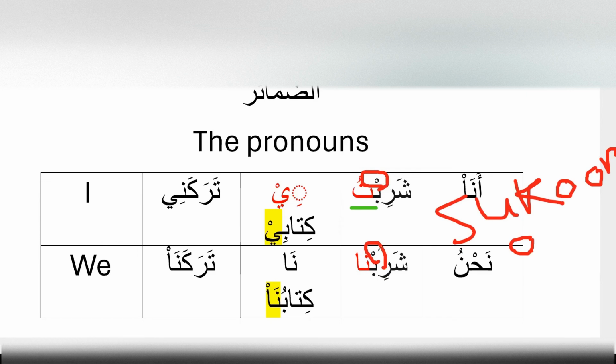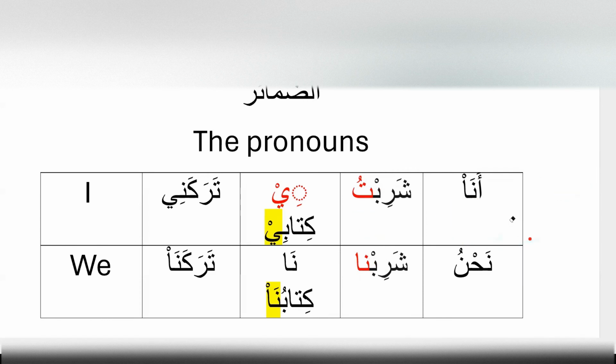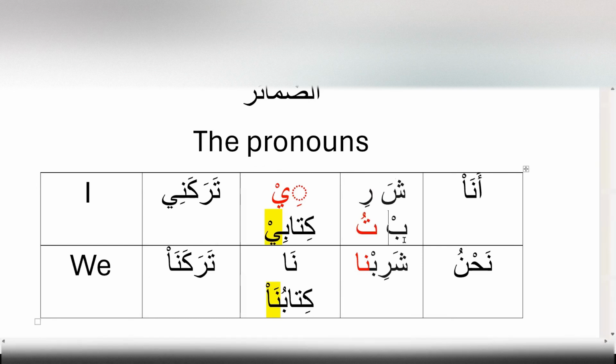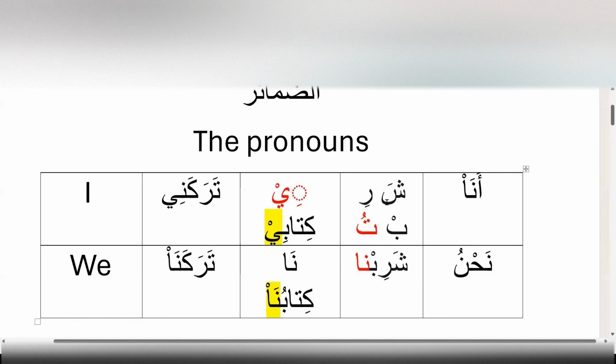Everywhere you see there's sukun here and here, most of them. But sometimes it might change. Like we say shariba, we change it to fatha. Anyhow, the letters themselves are the same. You see these three letters? They are everywhere. But the last sound could be changed.